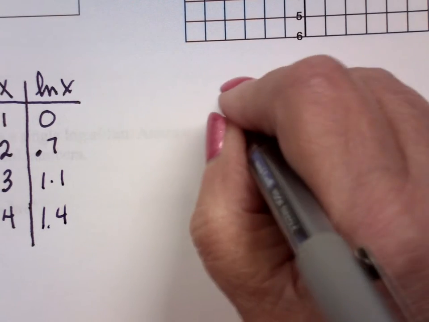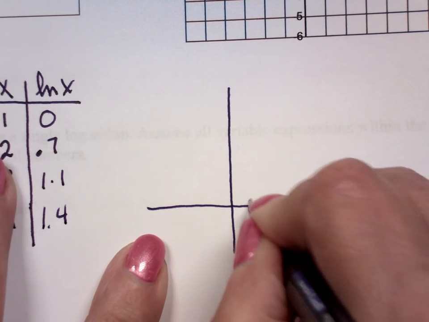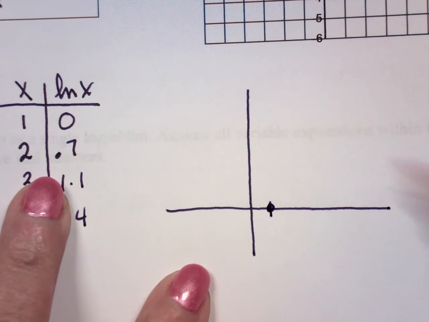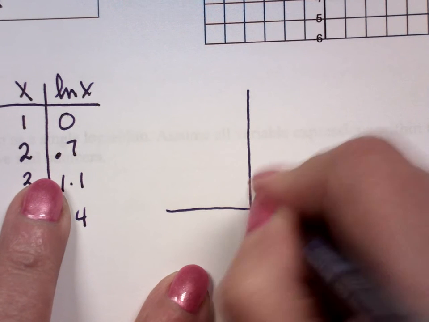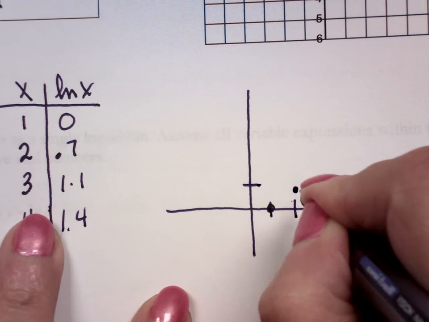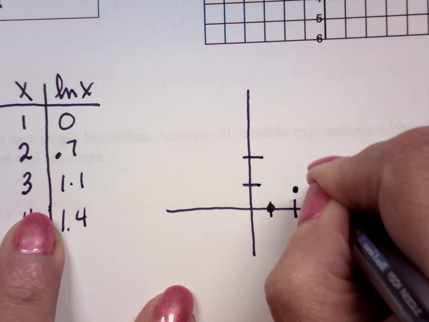Now, here's where your problem comes in. At x equals 1, y equals 0, so I'm there. At x equals 2, I'm about 3/4. At x equals 3, I'm slightly over 1.